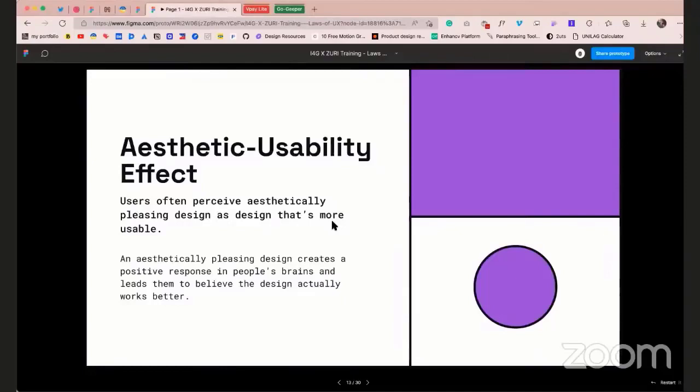You want to use that website rather than using one that doesn't look good, right? An aesthetically pleasing design creates a positive response in people's brains and leads them to believe the design actually works better. So even if your experience is not too good, because it looks fine, people would download it. People would go to your website before even considering the experience of the website.